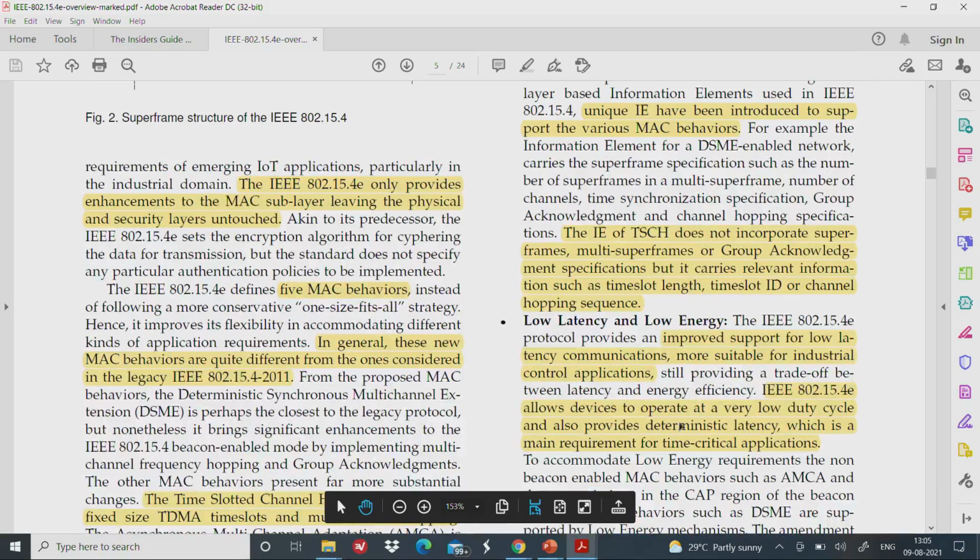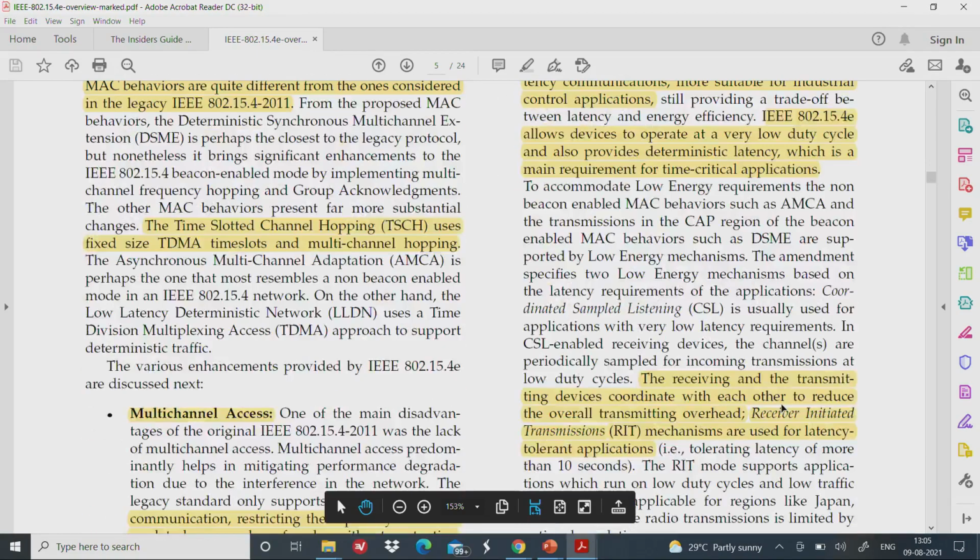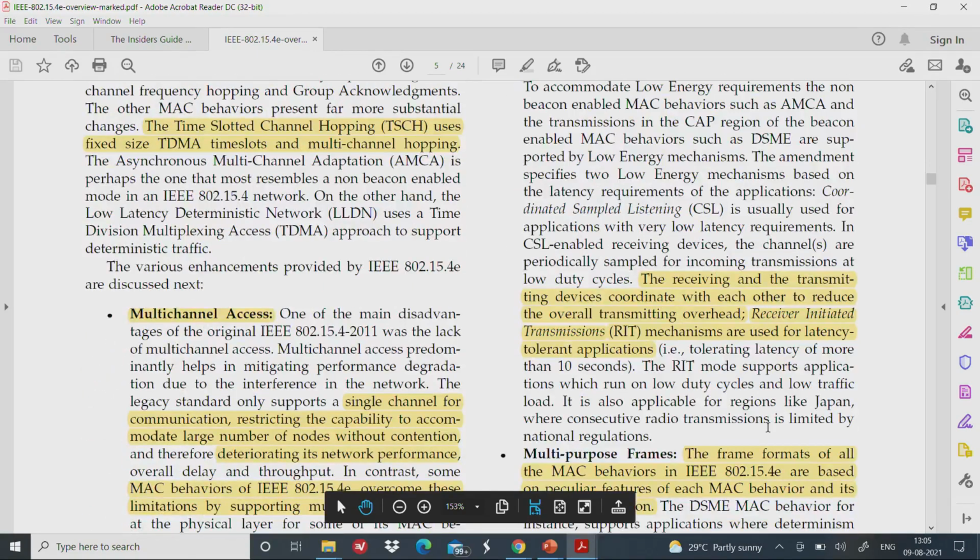Now, low latency and low energy are important hallmarks which are suitable for, you need that for the industrial control systems. The 15.4e allows devices to operate at a low duty cycle though, and the synchronization is a very important thing in this system. That is how you get determinism in the whole thing.